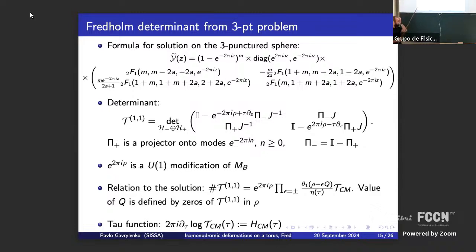And also, if you want to get these formulas in terms of combinatorial functions, we need to consider the minor expansion of the determinant. And it turns out that you can compute these minors explicitly, and these combinatorial factors are just the values of these minors.